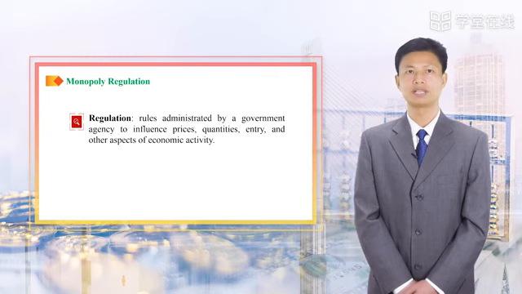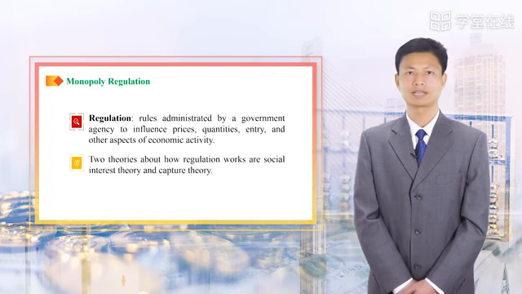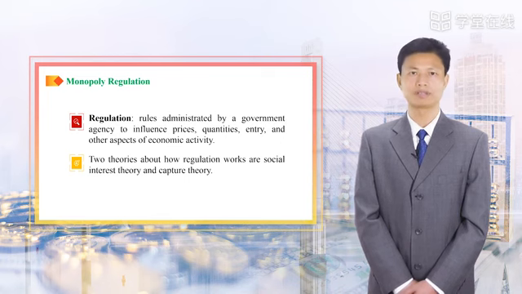Regulation is a set of rules administered by a government agency to influence prices, quantities, entry, and other aspects of economic activity in a firm or industry. There are two theories about how regulation works: the social interest theory and the capture theory.